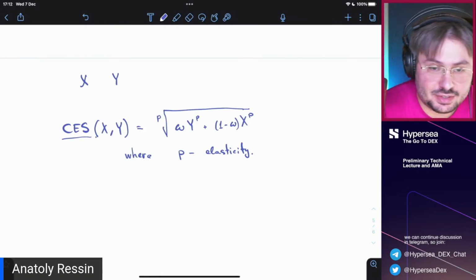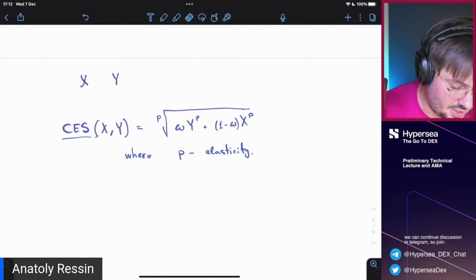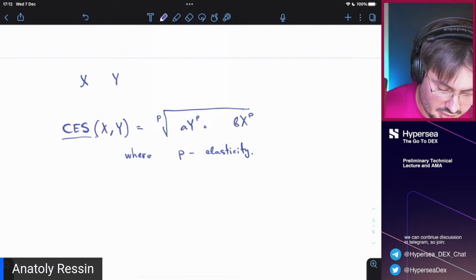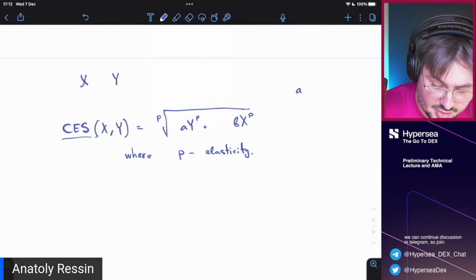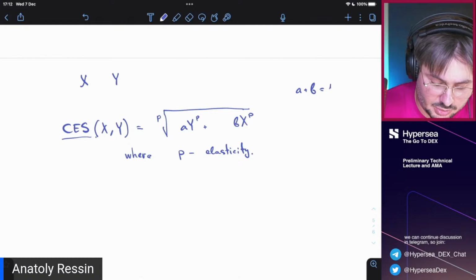And it is interesting. Or I can use letters A and B and just say that the weights of the currencies, A plus B, should be equal to 1.